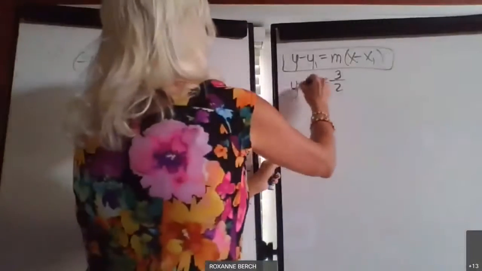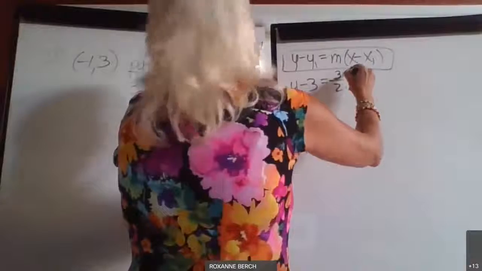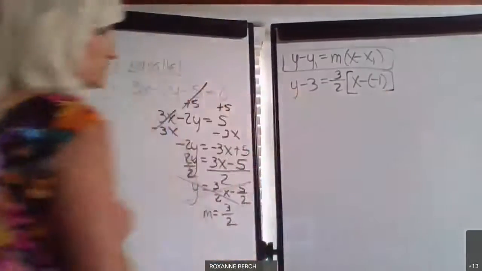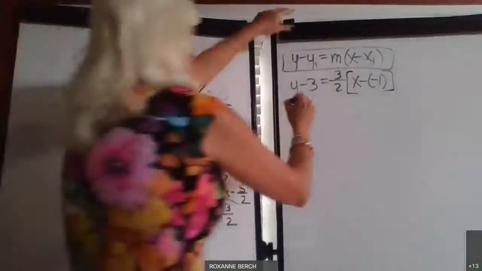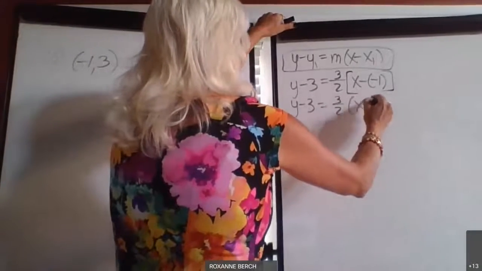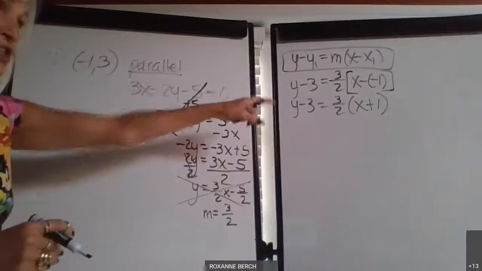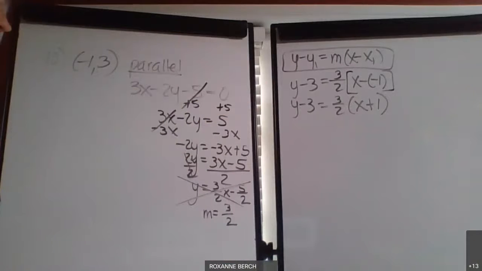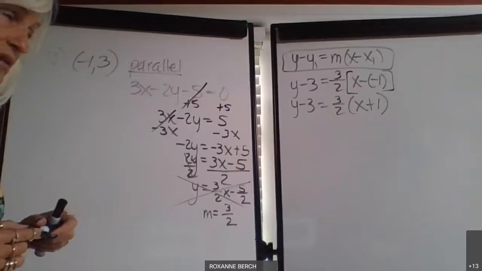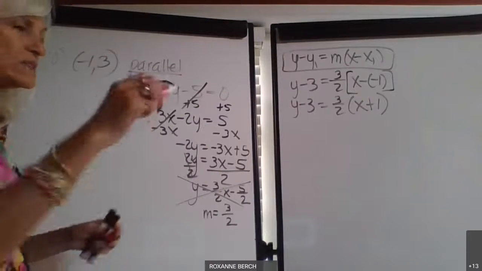So this would be y minus 3 equals 3 halves times x minus a negative 1, so y minus 3 equals 3 halves times x plus 1. And I don't want to distribute a fraction. You can either multiply by the reciprocal, or we could just multiply by 2 to get rid of this.